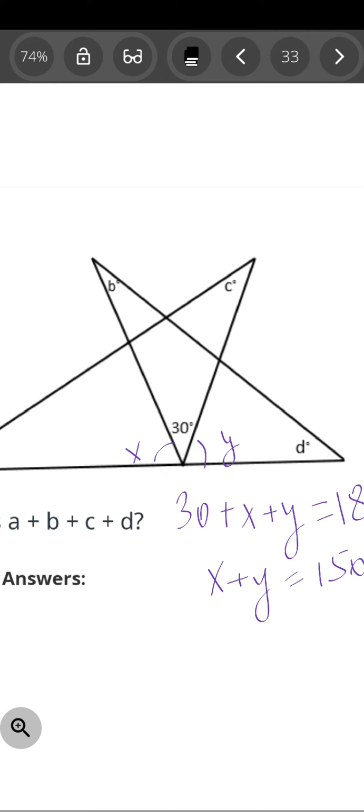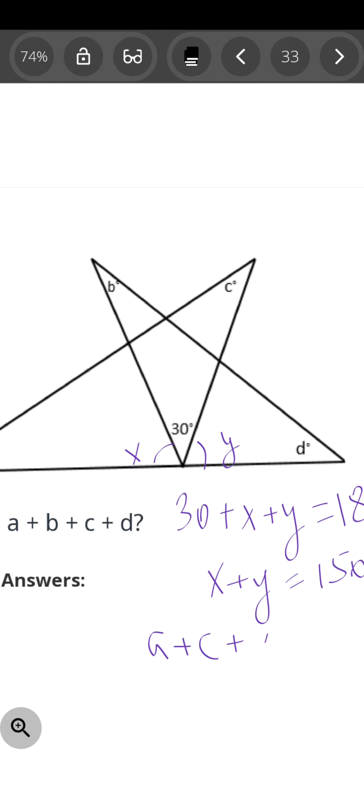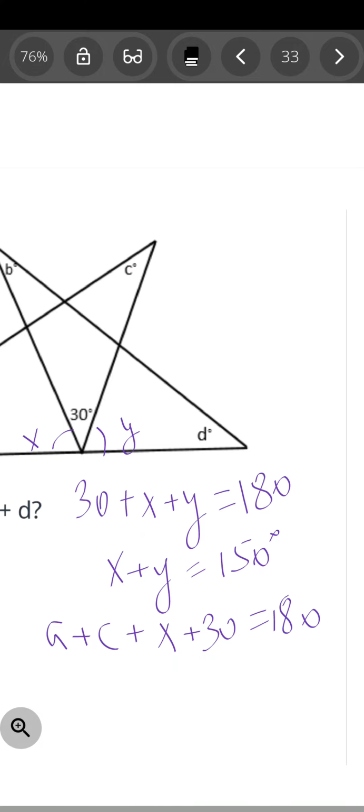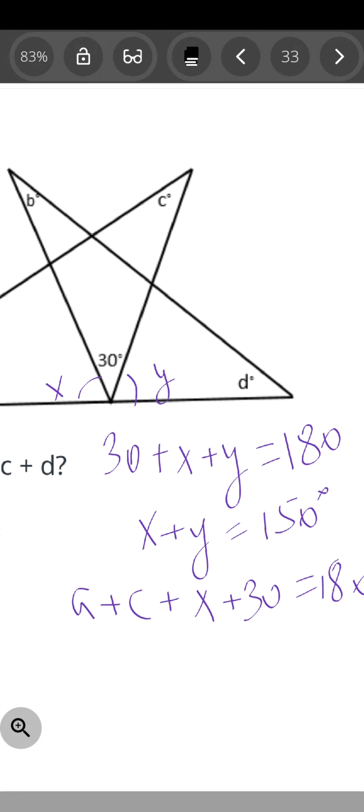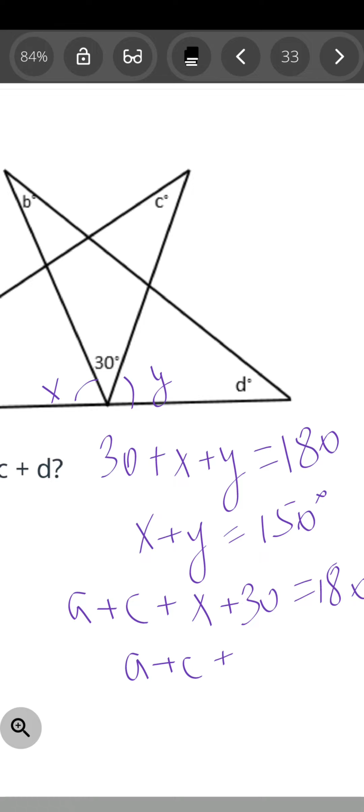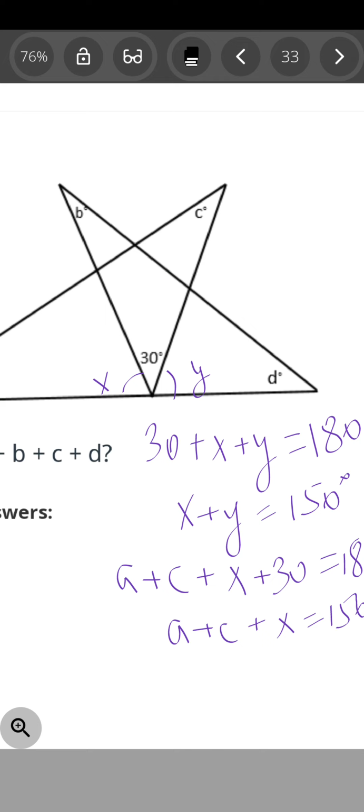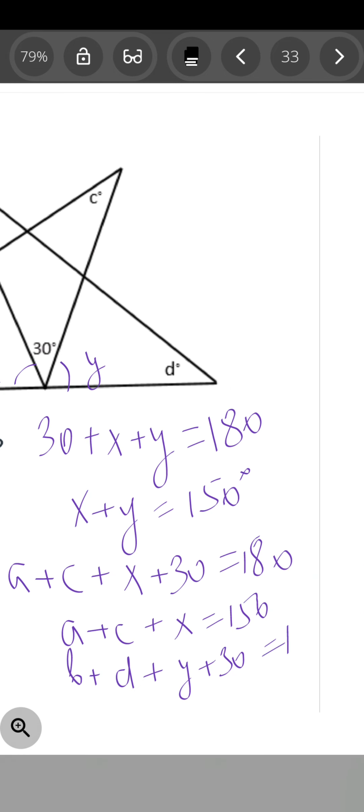So we can write a plus c plus x plus 30 is equal to 180. Subtracting 30 from both sides, we'll get that a plus c plus x is equal to 150. And respectively, b plus d plus y plus 30 is equal to 180. Subtracting 30 from both sides of this equation, we'll get that b plus d plus y is equal to 150.